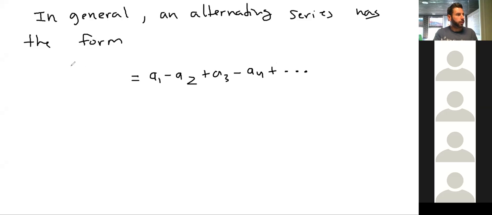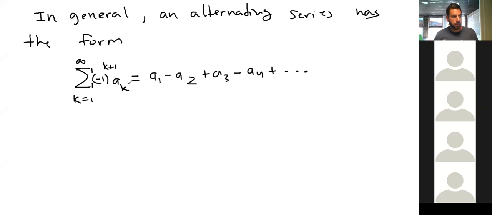And so one way in which we can write this is we can say it's the sum, k goes from 1 to infinity, of -1 to the k plus 1 power times a sub k. That's what it looks like. Or maybe it starts negative.